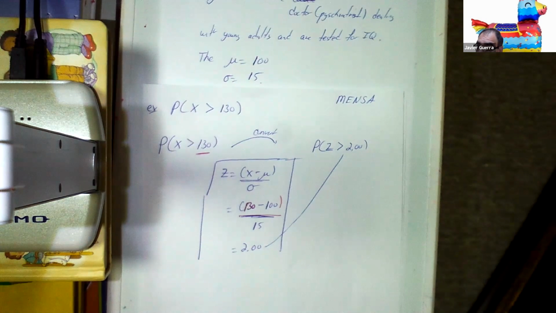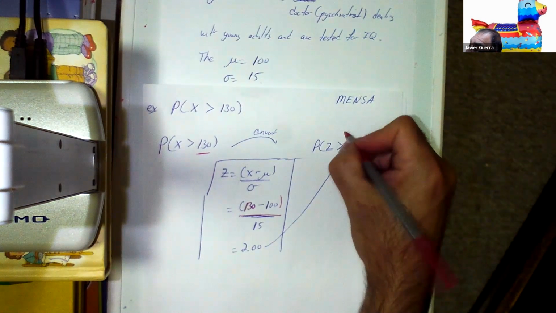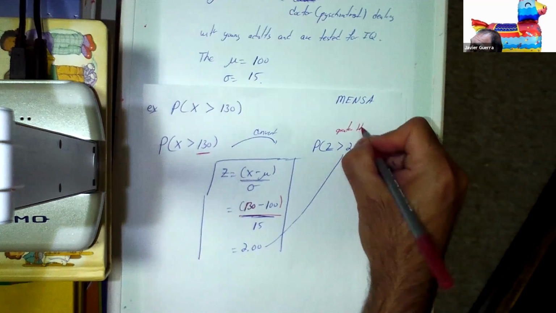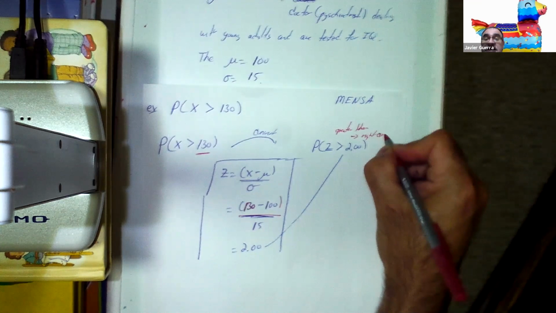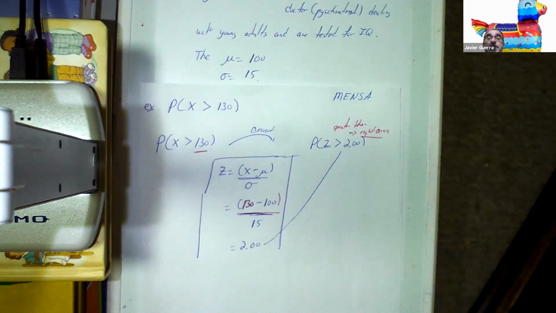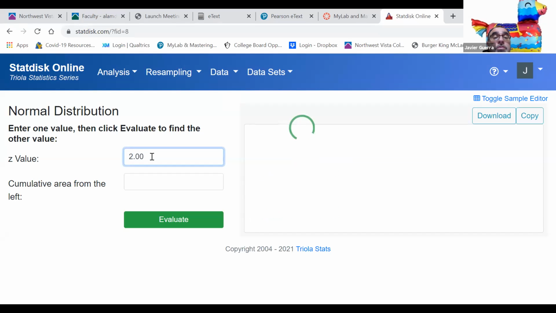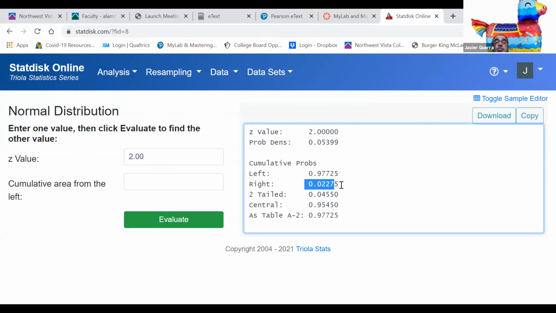So this is greater than, which means I'm going to shade the right area, right? This is the right area. I'm going to put that in my stat disk and look up the right area. 2.00.